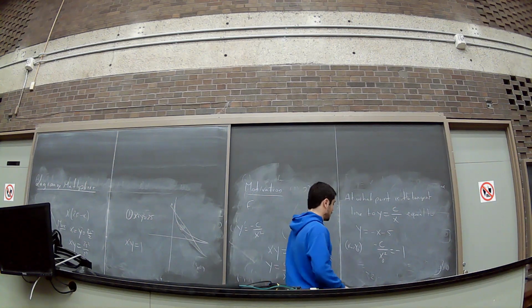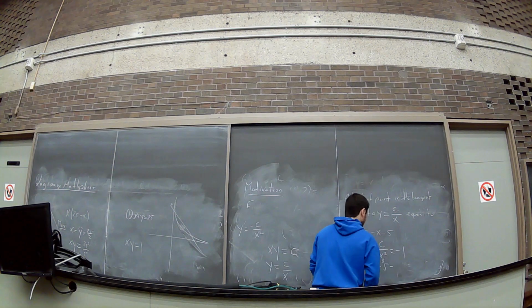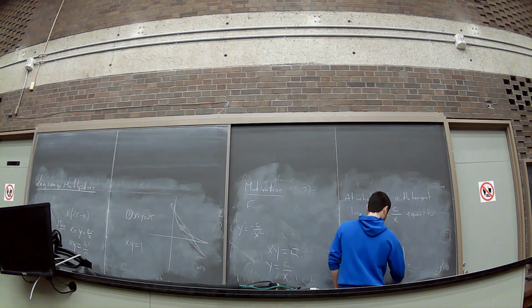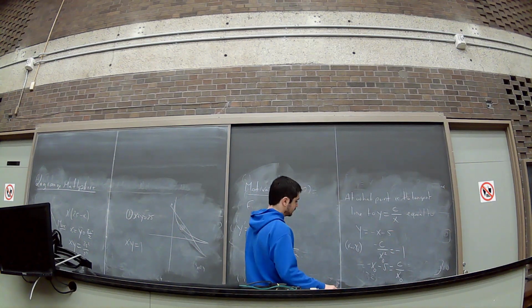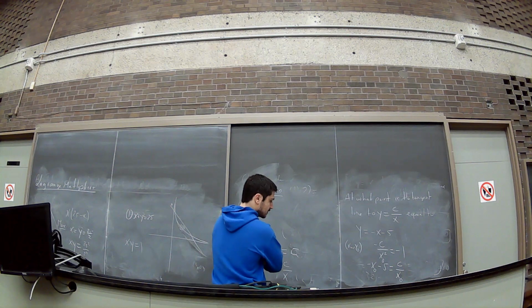You want that minus x0 plus 25 is equal to c over x0. Yeah, I think that's it.